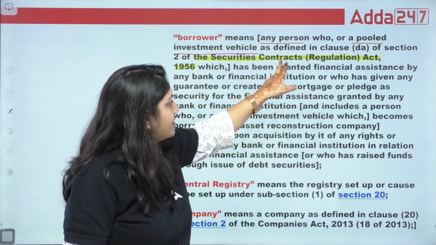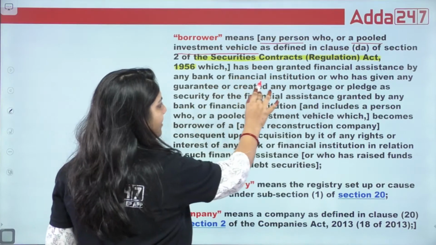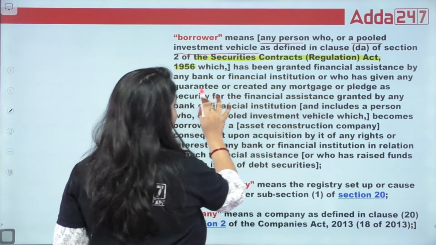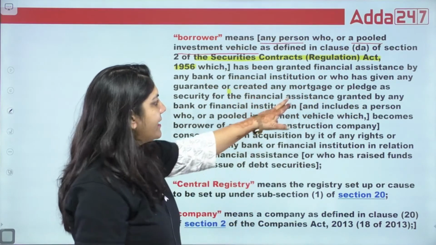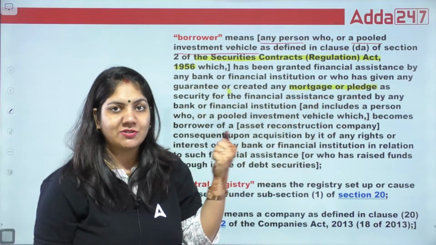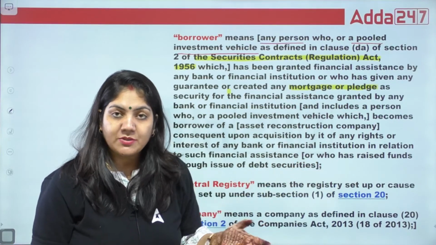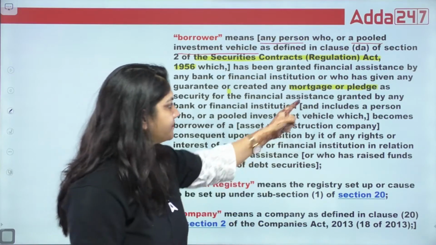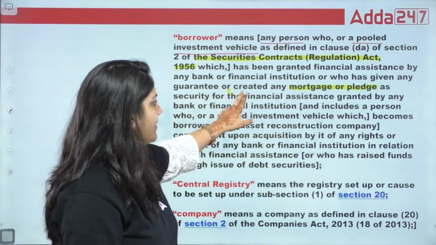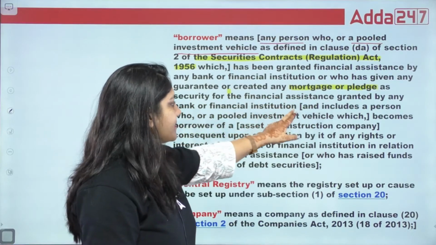These persons have been granted financial assistance by the bank and financial institution, or have given any guarantee or created any mortgage and pledge, because when we take money from the bank and financial institution, we have to give security. It may be movable property or immovable property, as security for the financial assistance granted by any bank and financial institution.